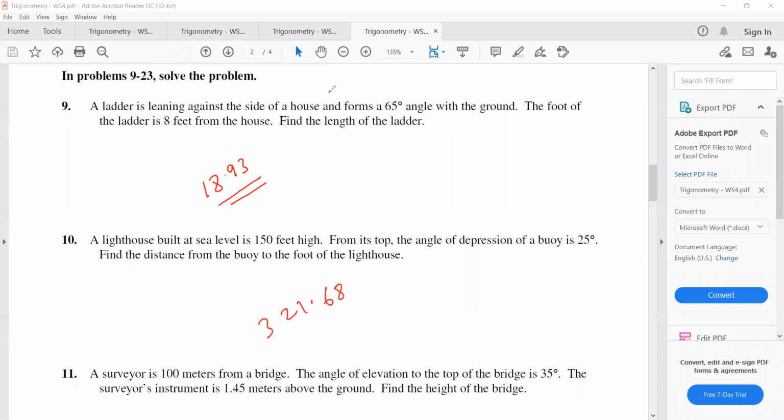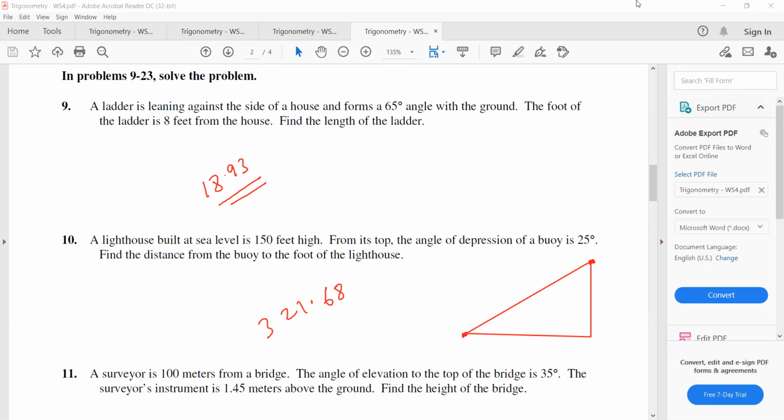First of all, a lighthouse. A lighthouse is this, on the sea level. This is the sea level. Now, here is the top of the lighthouse and here is the buoy. Now the angle of depression. What is a buoy?